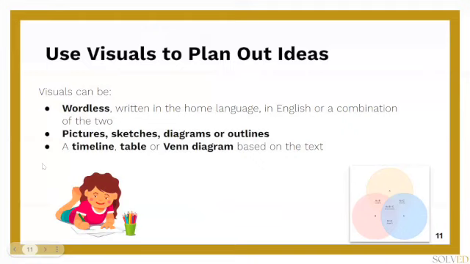So in using visuals to plan out ideas, visuals can be wordless. They can be written in the home language, in English, or in a combination of the two. These include pictures, sketches, diagrams, or outlines, or a timeline, table, or Venn diagram based on the text.